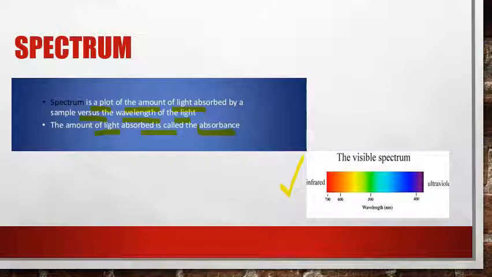Understood? And the visible range of radiation is 400 to 800 nanometers. This is the range of Vibgyor: 400 to 800 nanometers, starting from violet, indigo, blue, green, yellow, orange, and red, up to 800 nanometers.